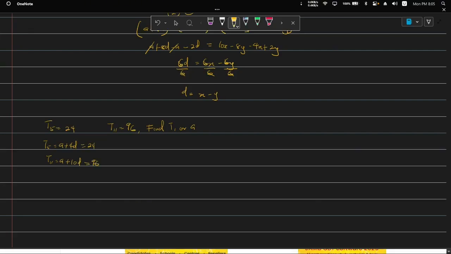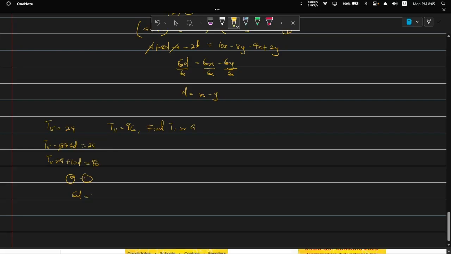Now, we are trying to find a. To find a, we probably have to find d first. And we can do the same thing, equation 2 minus equation 1. a minus a cancels. 10d minus 4d is going to give us 6d.